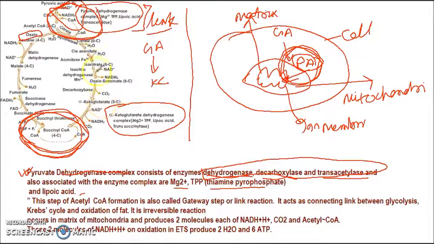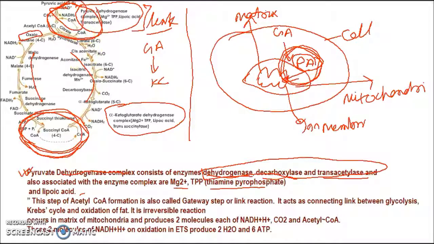These are the two complex reactions taking place. This part is the 4 carbon reaction and this part is the 6 carbon reaction. In total, this is the completion of the Krebs cycle.